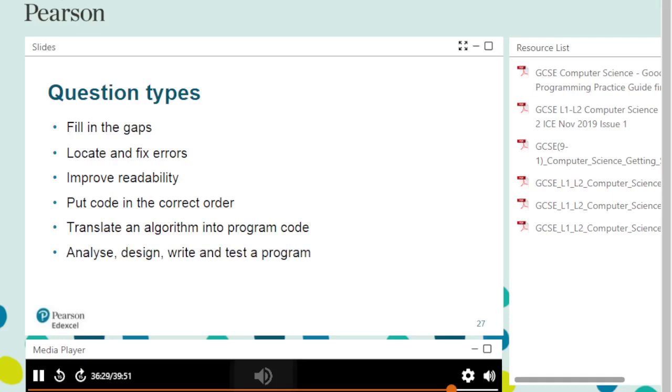Towards the end of the paper, questions will be more open. For example, question 5 in the sample assessment materials requires students to write a program that calculates values using a formula based on a given input. To achieve the marks for this question, students need to analyze the problem to identify its component parts, and then design, write, and test the program to ensure it meets the requirements and solves the problem.